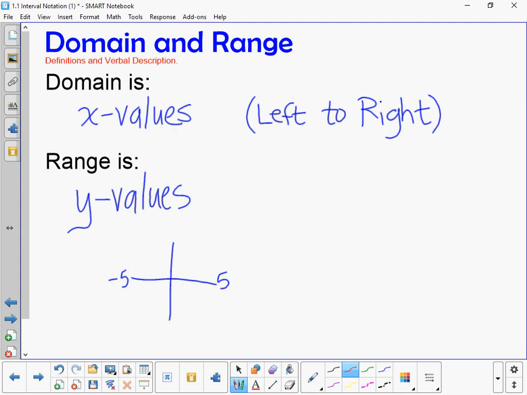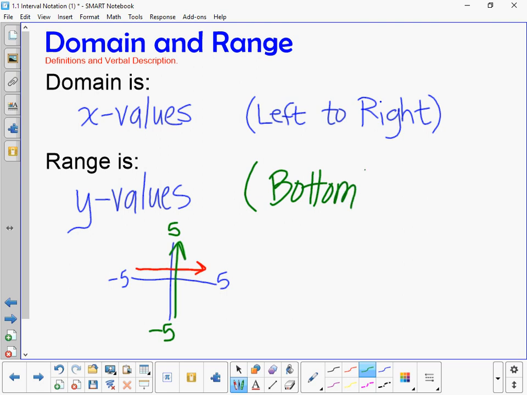So we read from left to right. In the y direction, our negatives are here and our positives are here. So we want to read from bottom to top. I always say, helps me remember, bottoms up. So always from the negative towards the positive, or from the lower values to the higher values for the range.